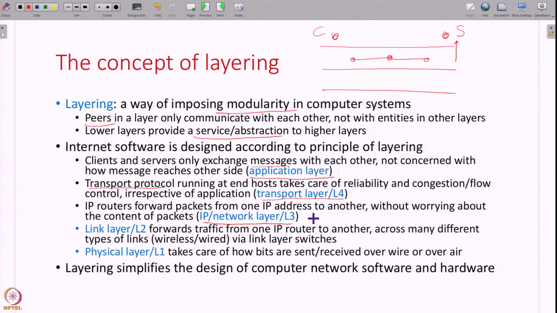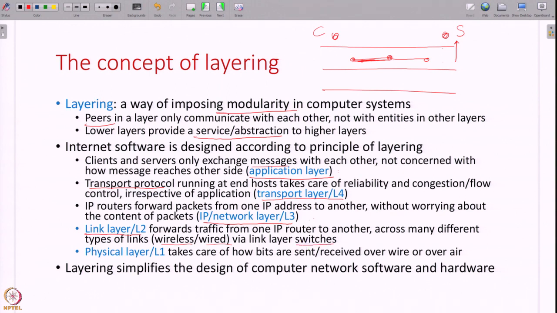Each of them works independently to do their job. Then underneath the network layer you have the link layer, which handles how traffic is forwarded on each link from one IP router to the other, because you have many different kinds of links, wireless and wired, all handled by the link layer.